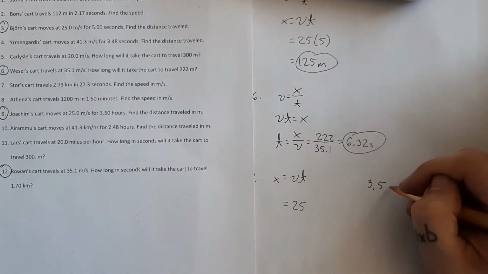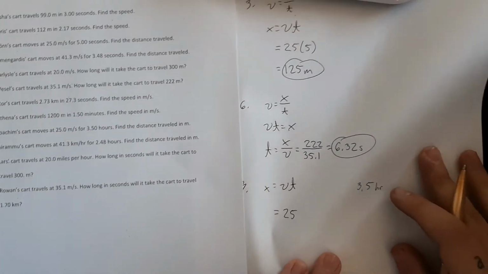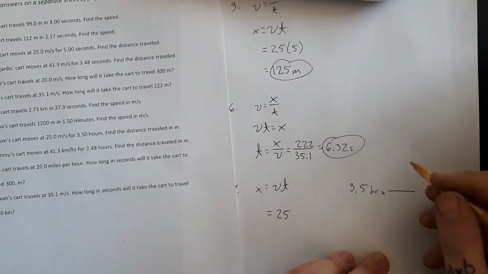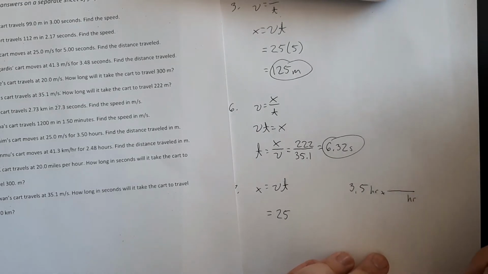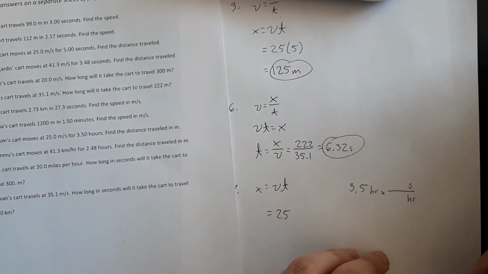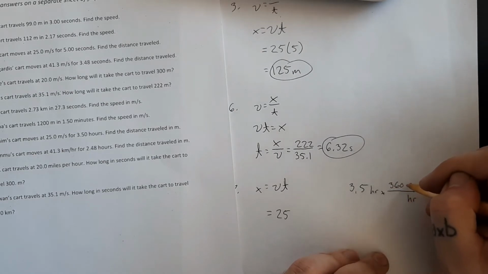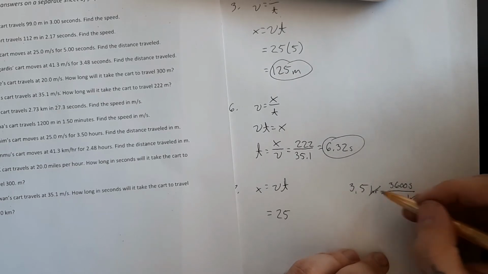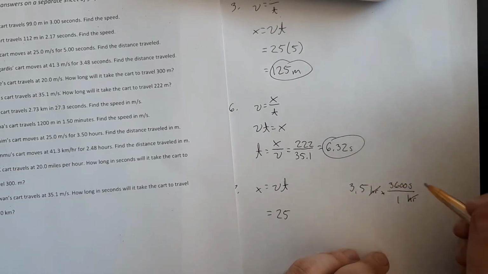All right, so we got 3.5 hours. We want to get it into seconds, so we're going to multiply by a conversion. We want to get rid of hours, so we're going to put it in the denominator so it cancels out. We want to get into seconds, so we're going to put seconds on top. There are 3,600 seconds for every 1 hour. The hours divide and cancel out, and we're just going to multiply across.